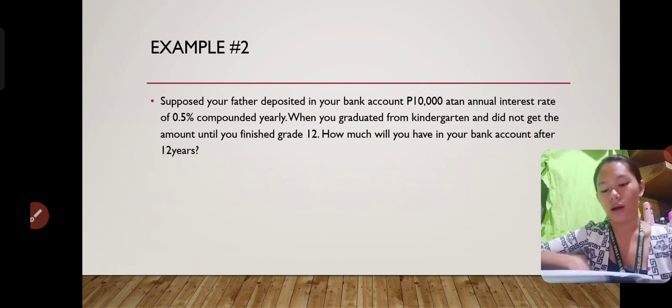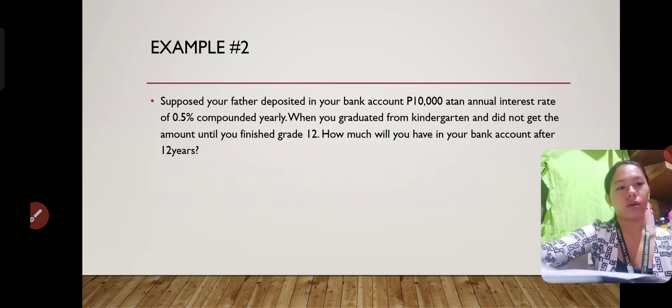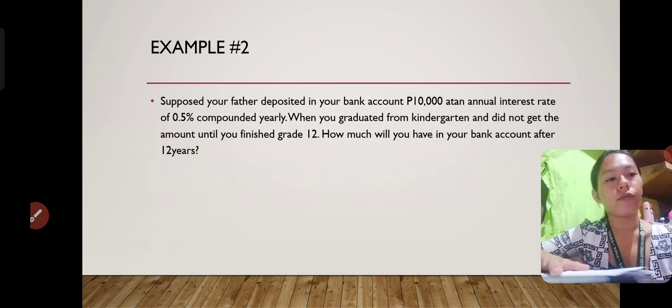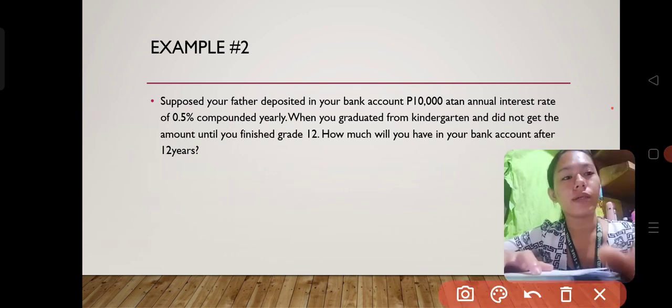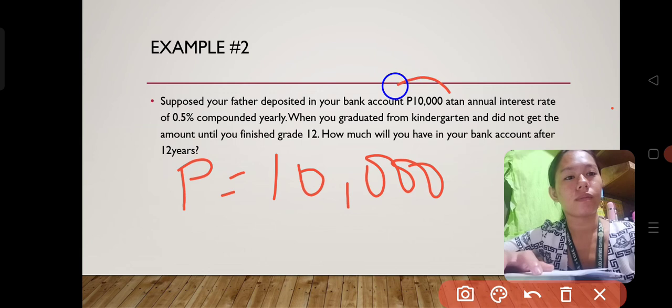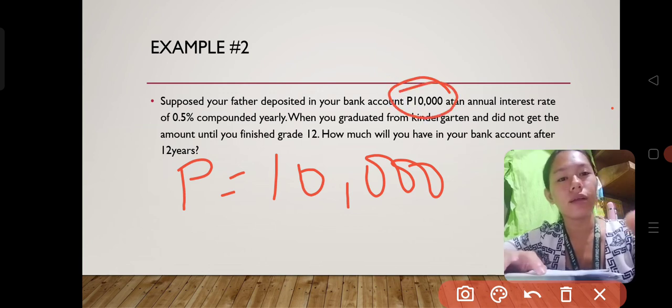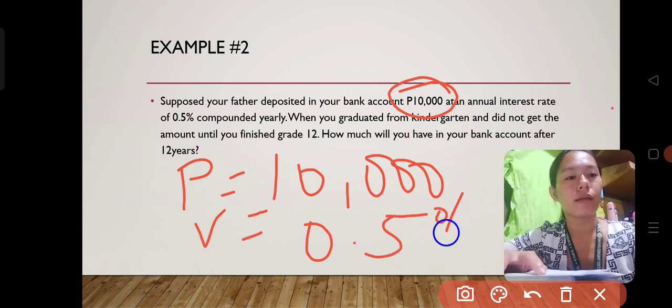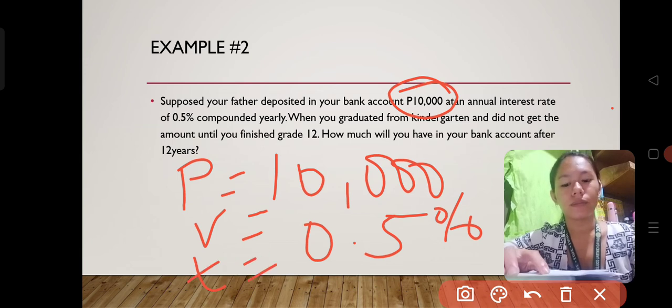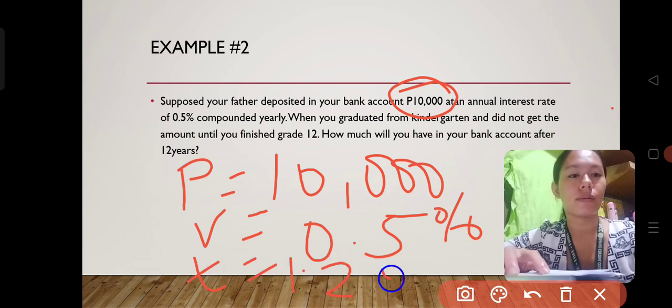So, this is the formula, let's first put the given. Our principal is 10,000. Then, the rate is 0.5%. Then, the time is 12 years.